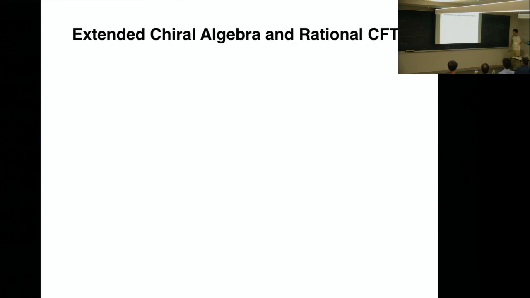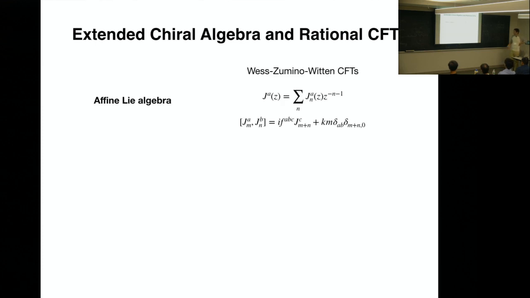And we can have more symmetries, more than just the conformal symmetry. For example, the most well-known is some continuous symmetry, U(1) or SU(N), etc., for example in Wess-Zumino-Witten CFTs, and we can include the currents into the chiral algebra, and we get this extended chiral algebra, the affine Lie algebra.